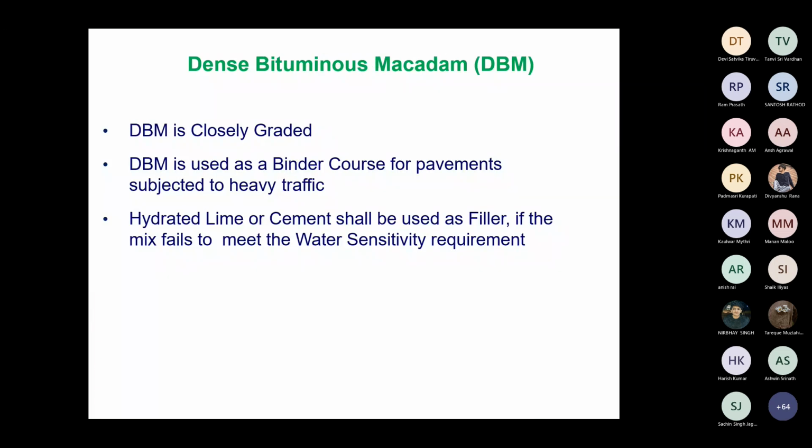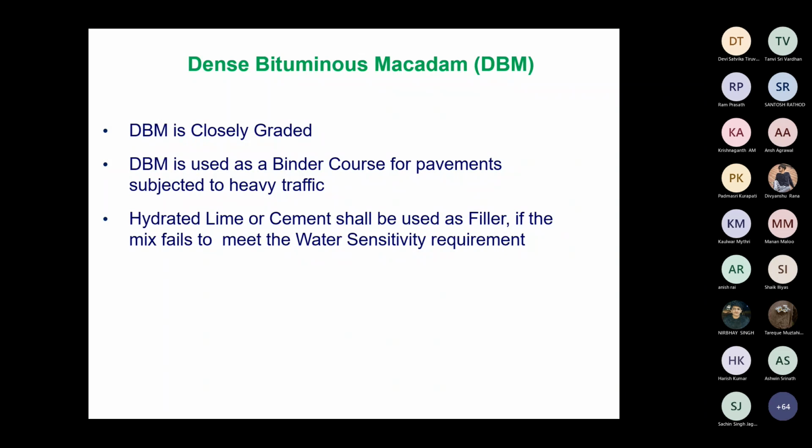Next is dense bituminous macadam. This is a closely graded macadam. There are different types: you can have dense bituminous macadam and over that bituminous concrete, because the bituminous layer is provided in two layers. So DBM is closely graded and used as a binder course for pavement subjected to heavy traffic.